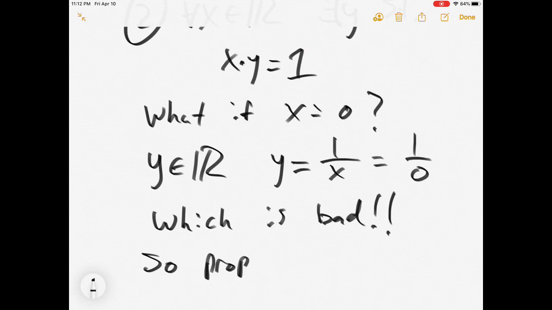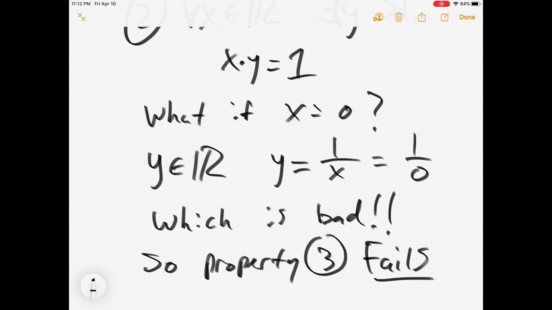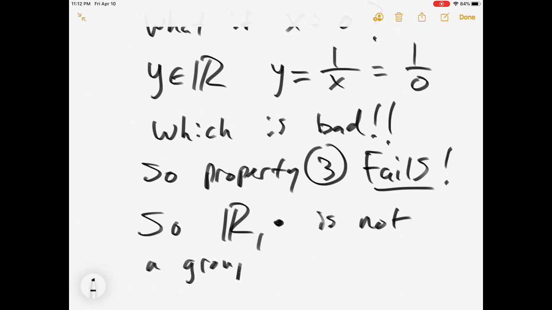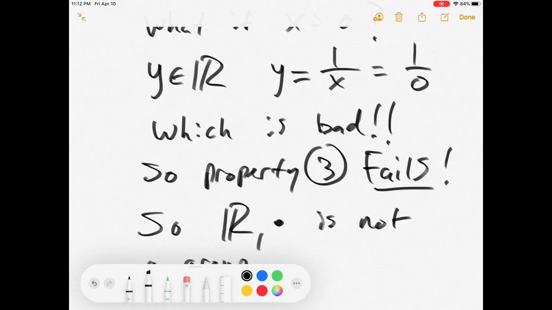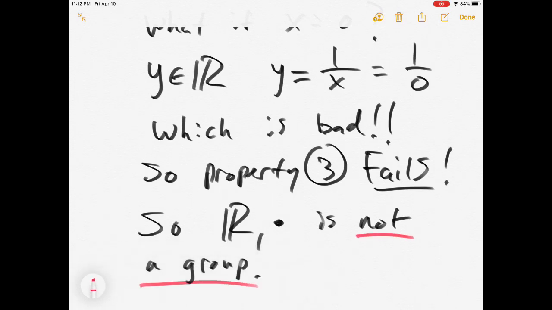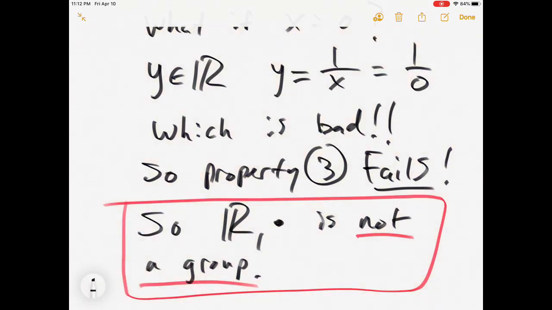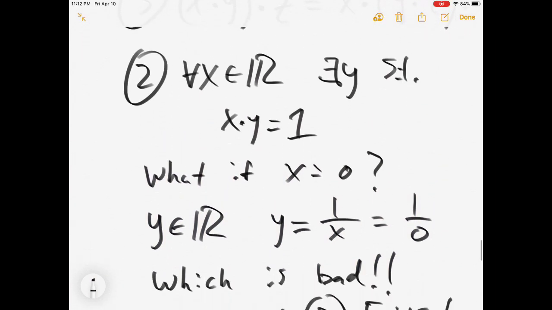So property 2 fails. So R under multiplication is not a group. This is an example of something that fails to be a group, and that's because property 2 fails. We don't always have inverses.